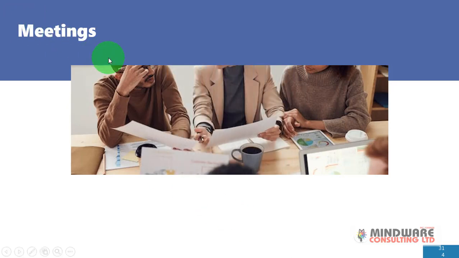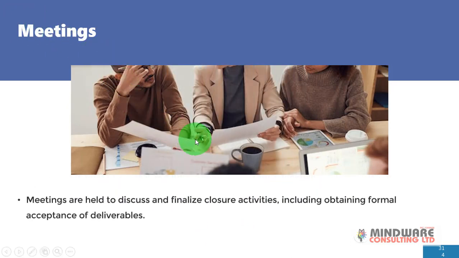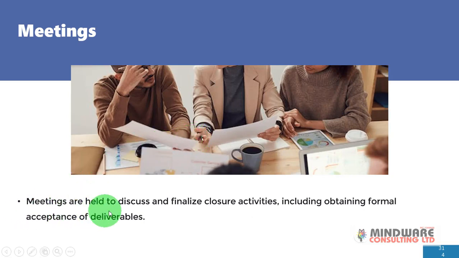The next is meetings. Like we've established before, meetings are held to discuss and finalize closure activities, including obtaining formal acceptance of deliverables. So part of the customer or stakeholder acceptance criteria is to actually meet with them, whether virtually or physically, to discuss and finalize the activities within the closing process.